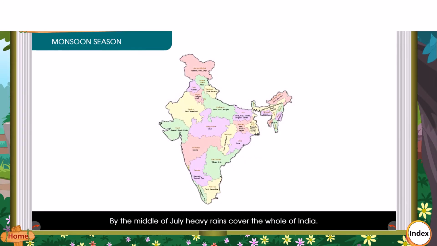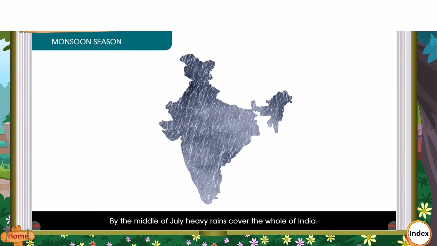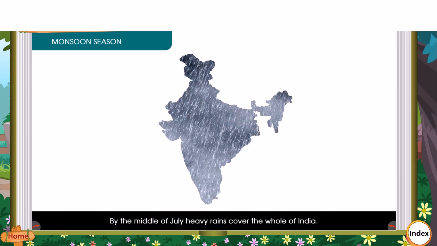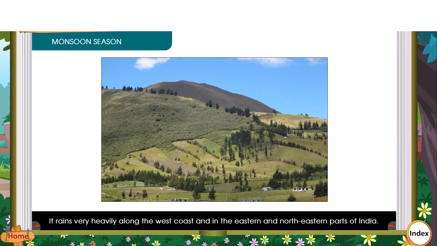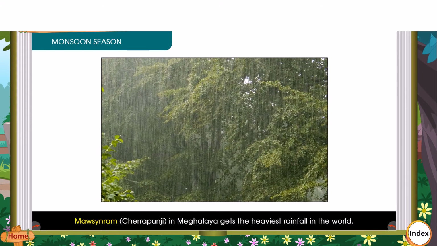By the middle of July, heavy rains cover the whole of India. It rains very heavily along the west coast and in the eastern and northeastern parts of India. Mawsynram and Cherrapunji in Meghalaya get the heaviest rainfall in the world.